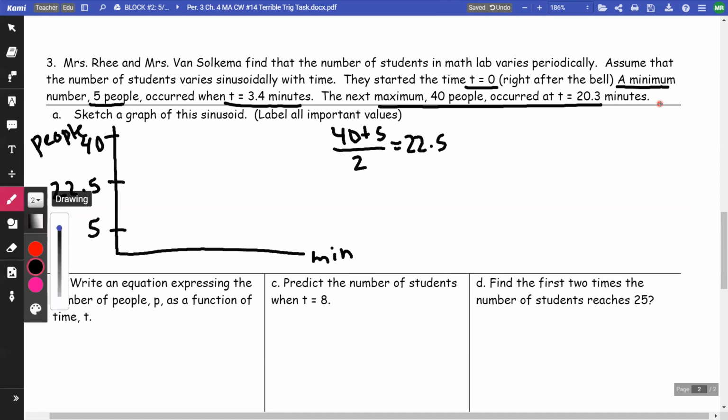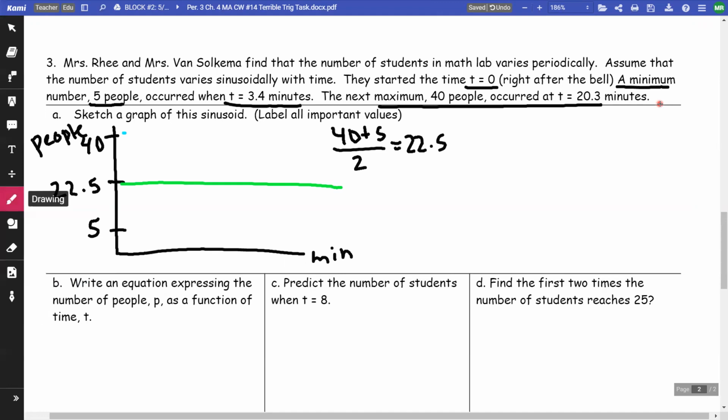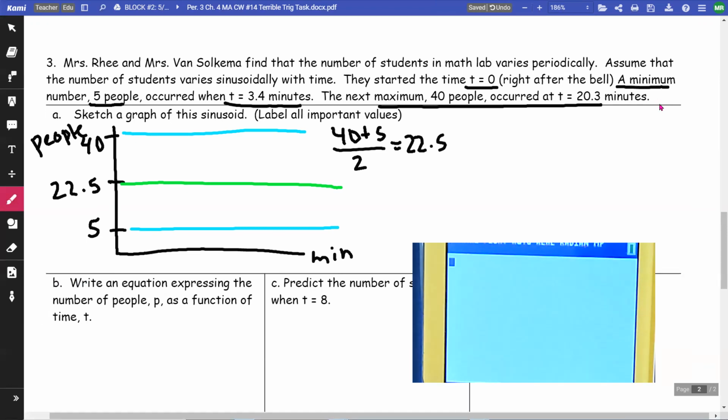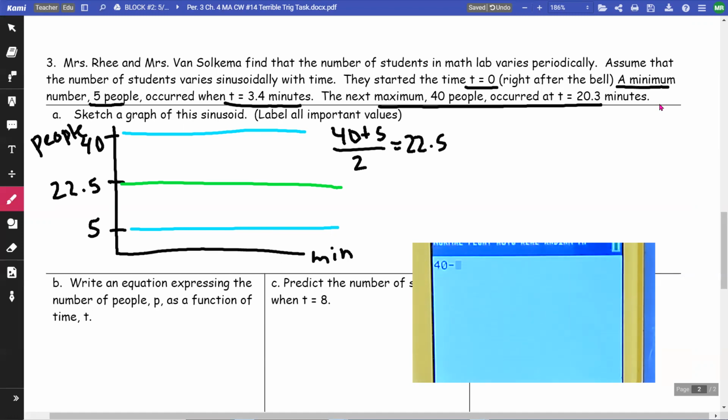So at this point, I know my vertical shift is here, so that's going to be my K. I know this is my high, this is my low. So if I want to figure out my amplitude, if I take 40 minus 22.5, I get 17.5. So my A is going to be 17.5. Okay, this right here is my K.